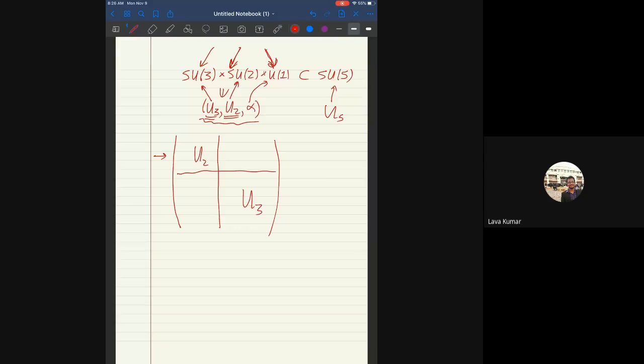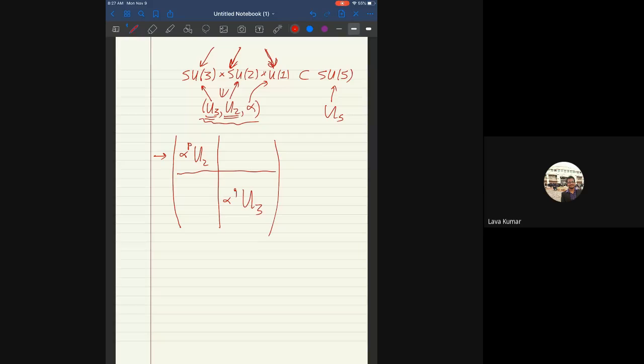So alpha will just be an overall factor in the upper block. But let's put it in as alpha to the p, since we don't know what power we want yet. And similarly in the lower block, we have to put it in proportional to the 3x3 unit matrix so that it commutes with U3.